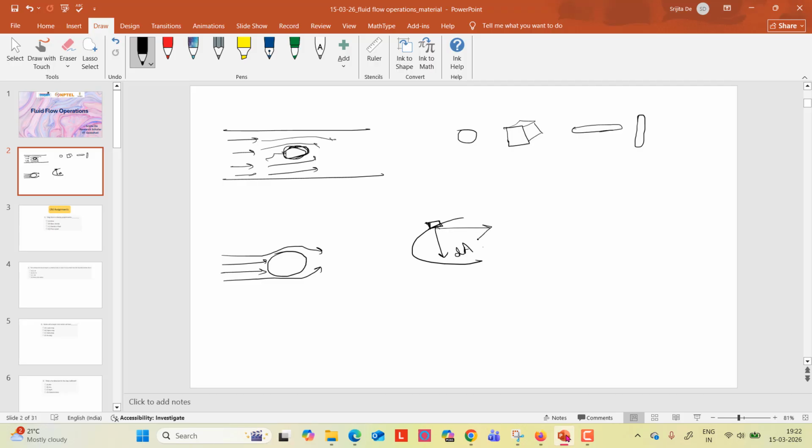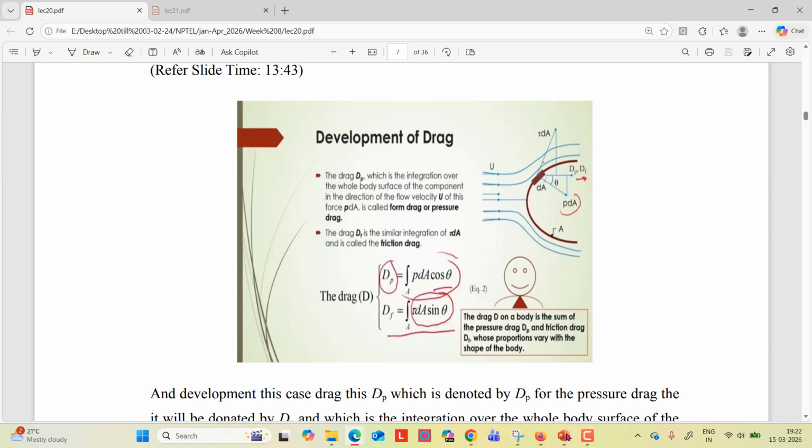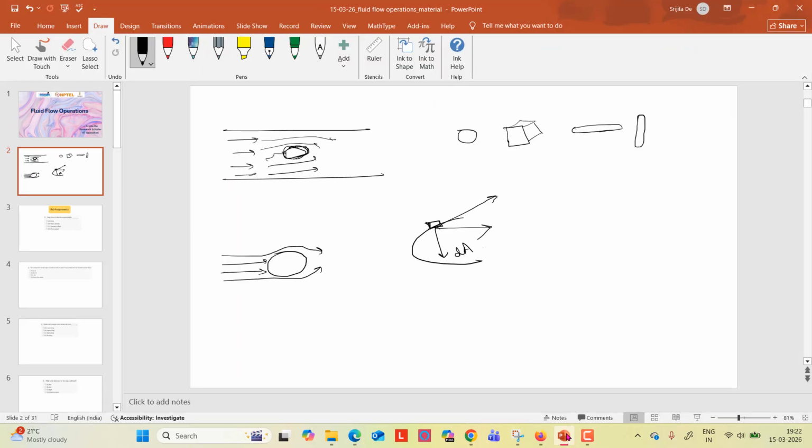This is the flow along this, and this is perpendicular to it. This is the perpendicular direction. This is dP, and this is the lift direction. Okay.